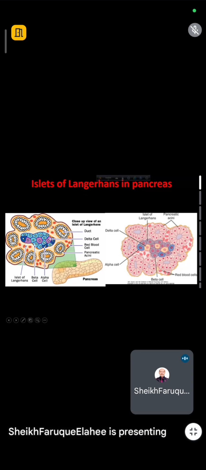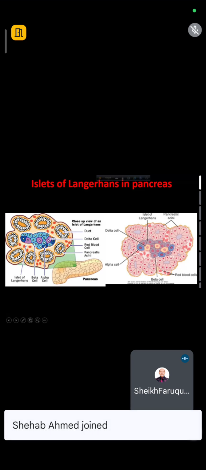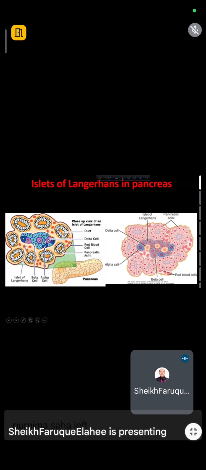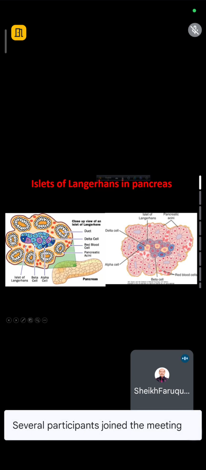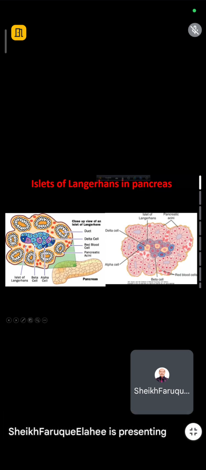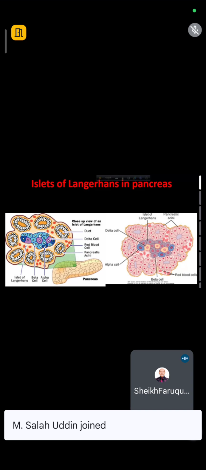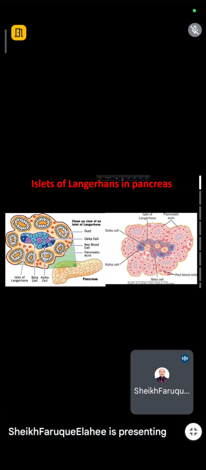And this gland has 3 types of cells. The largest number of cells are called beta cells. You see, this is one. These green cells are beta cells. Beta cells produce insulin. And there are some cells, these black cells, called alpha cells.